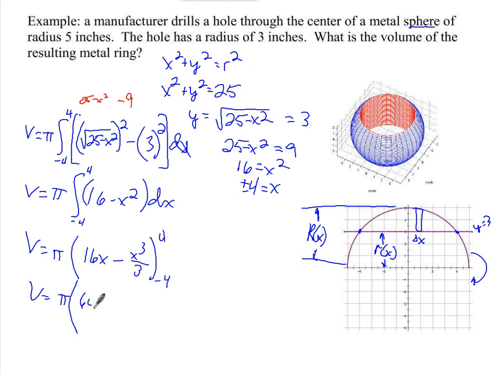Okay, V equals pi times, -4 times 64, minus 16 over 3. 4 cubed, no, is 64 over 3. Minus some stuff. -64 plus 64 thirds.